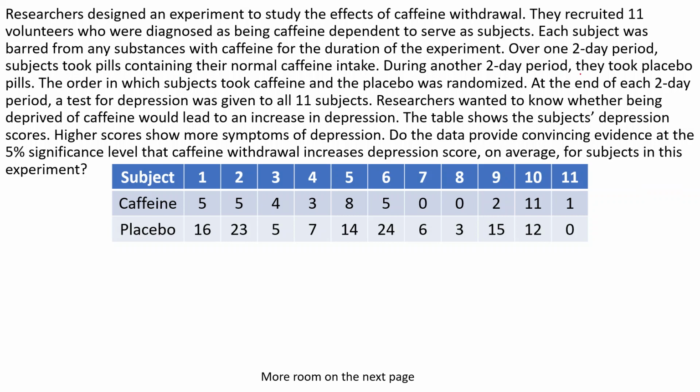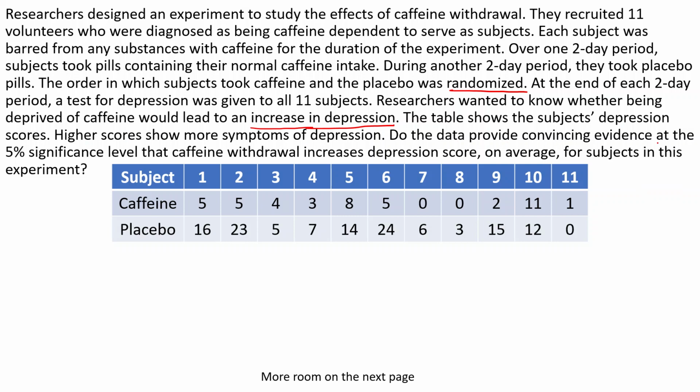During another 2-day period, they took placebo pills. The order in which subjects took caffeine and placebo was randomized. At the end of each 2-day period, the test for depression was given to all 11 subjects. Researchers wanted to know whether being deprived of caffeine would lead to an increase in depression. The table shows the subjects' depression scores. Higher scores show more depression.